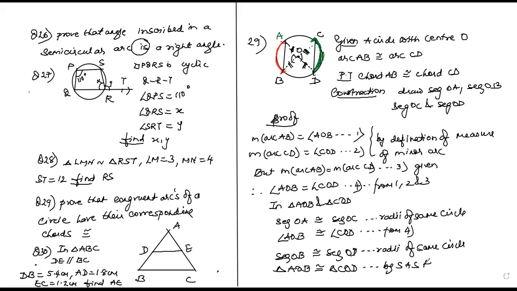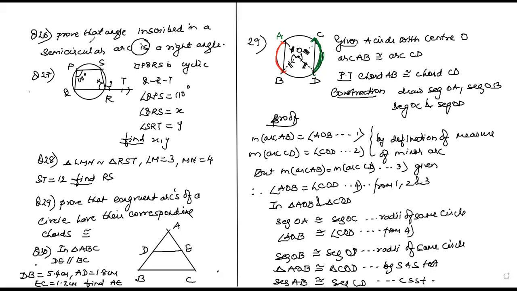Now, when two triangles are congruent, the corresponding sides are congruent. So segment AB will be congruent to segment CD, CSCT. Got it? This is nothing but chord AB congruent chord CD. We got it, children. A very simple proof.